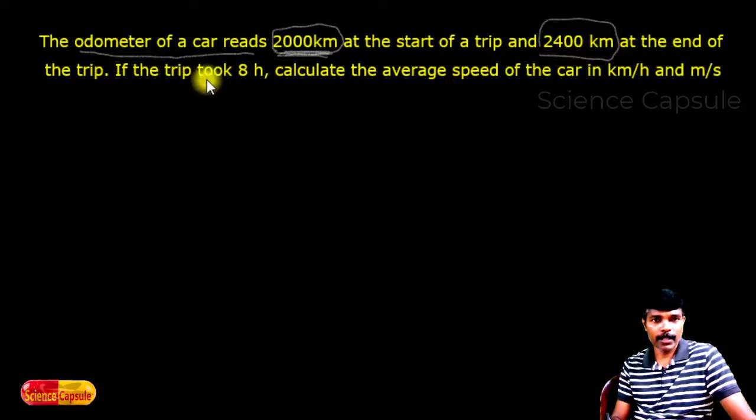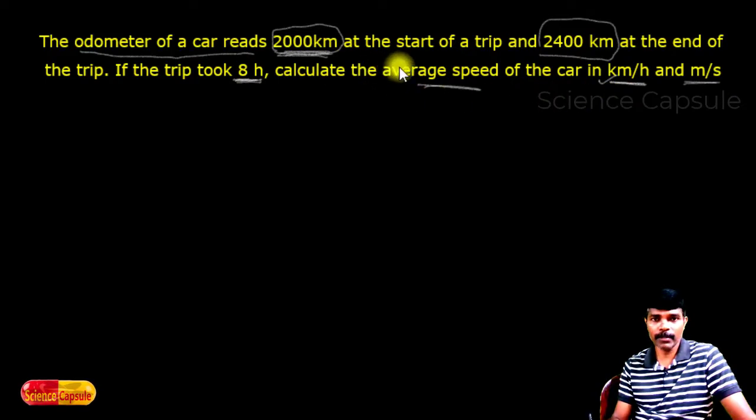The time taken to cover 2000 kilometer to 2400 kilometer would be 8 hours. Calculate the average speed. We have to find the average speed of the car in both kilometer per hour and meter per second. This is the question. So two things we have to find: average speed in kilometer per hour and in meter per second.